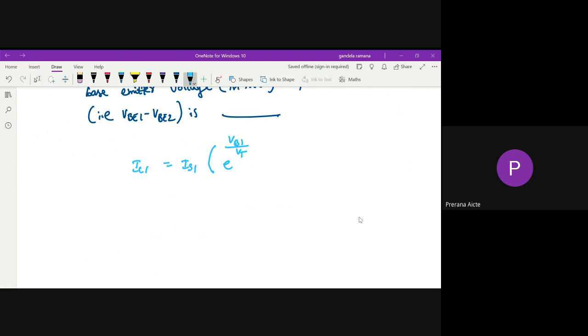The saturation current is proportional to area, and all remaining parameters are constant, so IC1 is A1 K e power VBE1 by VT.